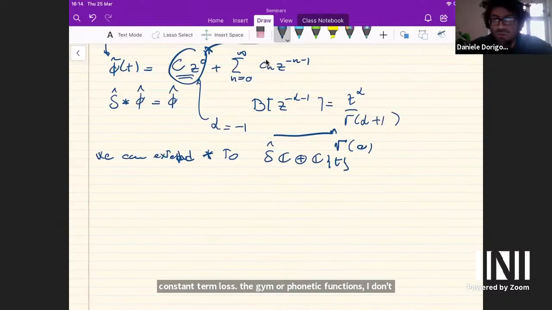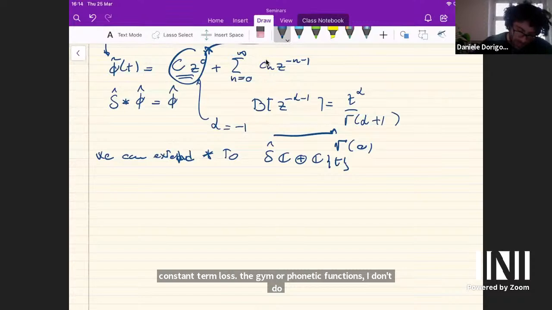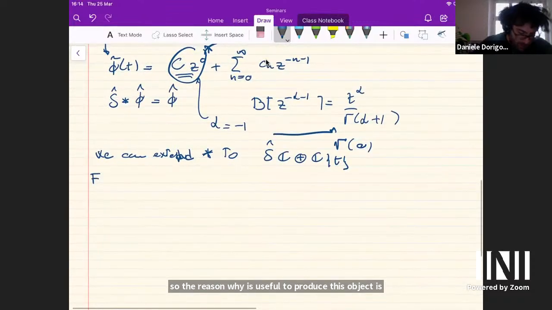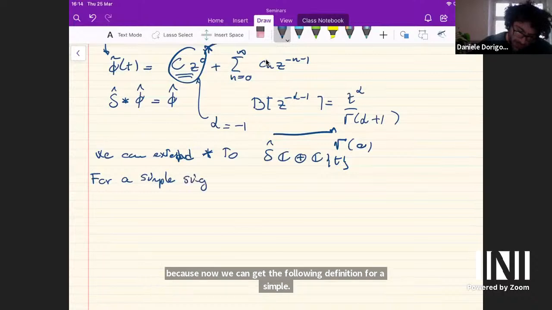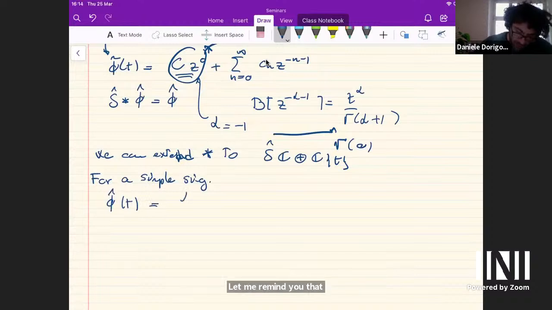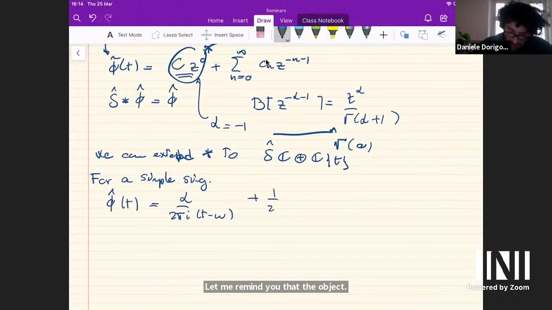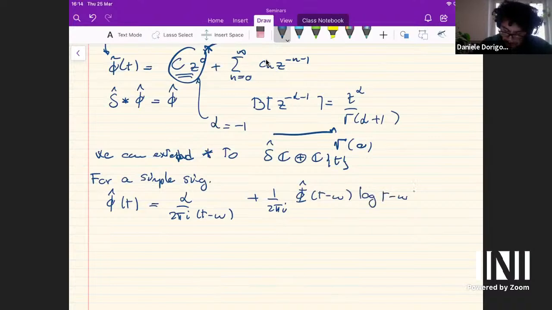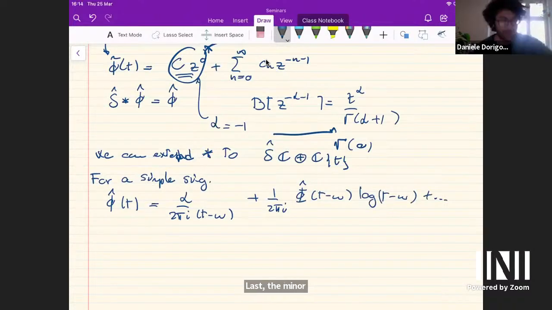The reason why it's useful to introduce this object is because now we can give the following definition for a simple singularity. Let me remind you that the object was this one, a simple singularity. We have a pole plus the minor plus regular terms. Let me not even write them.